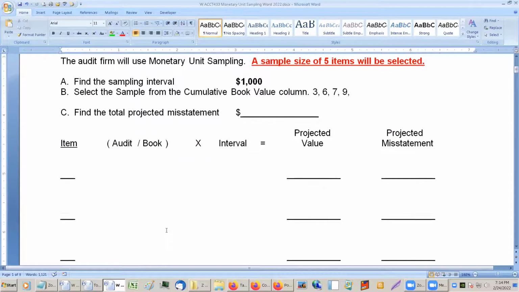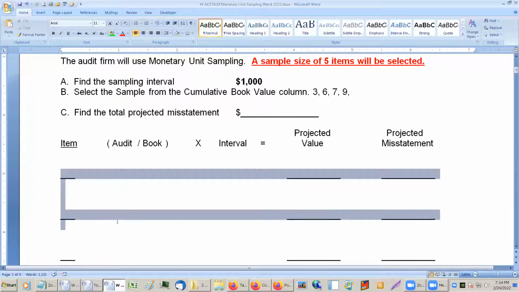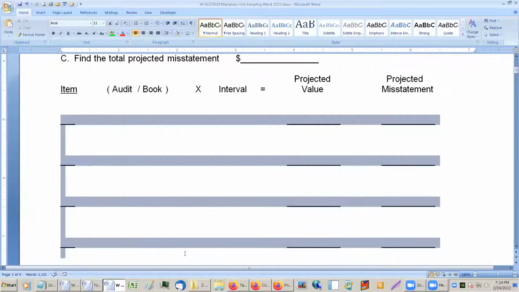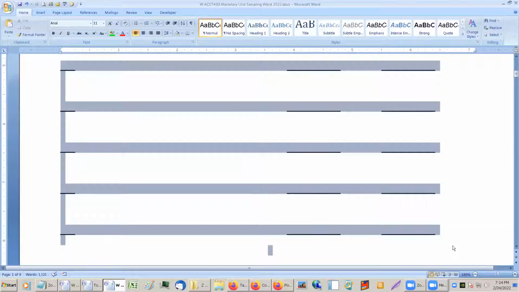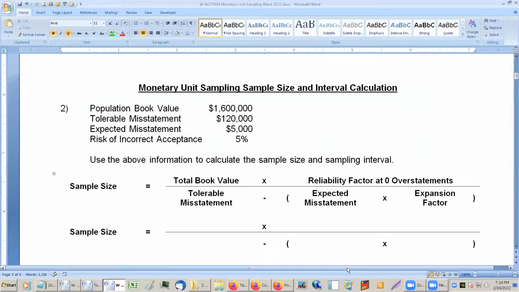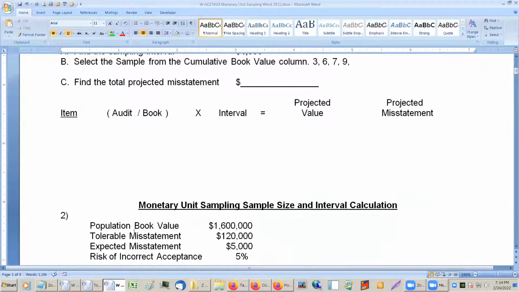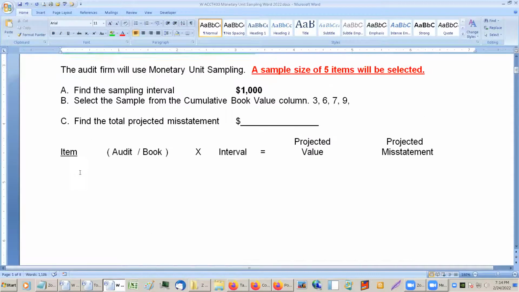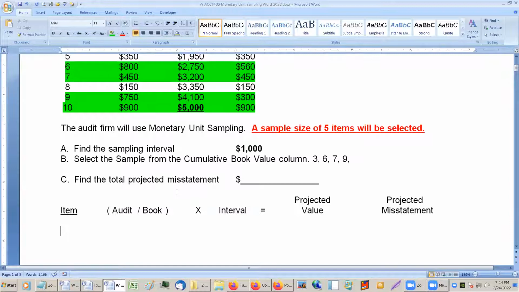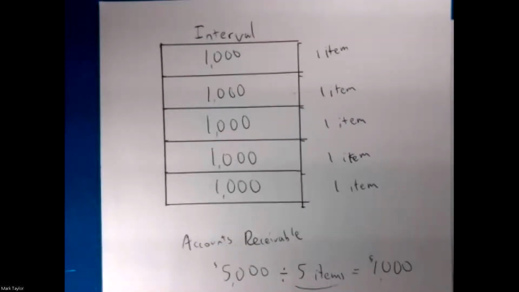Okay. So basically, it's sort of like that ratio estimation thing we did for classical sampling, where we did audit divided by book and then multiplied it.